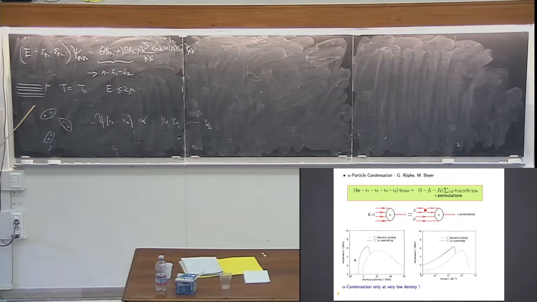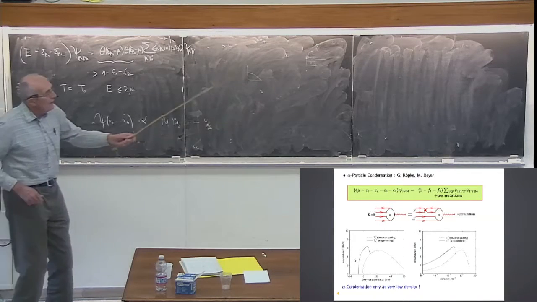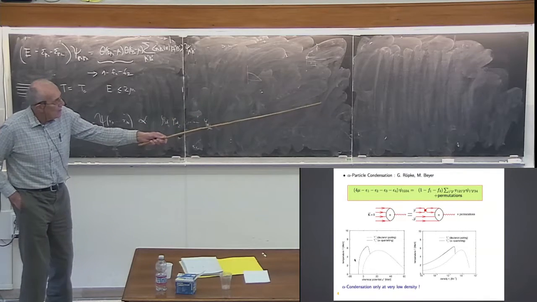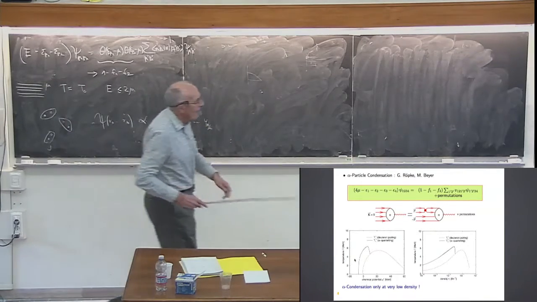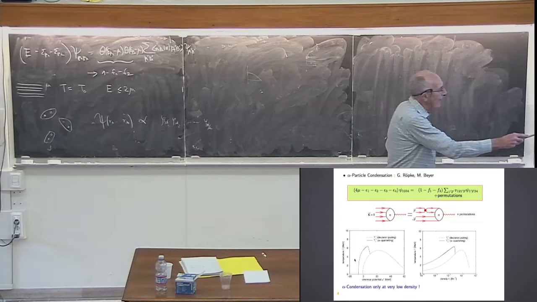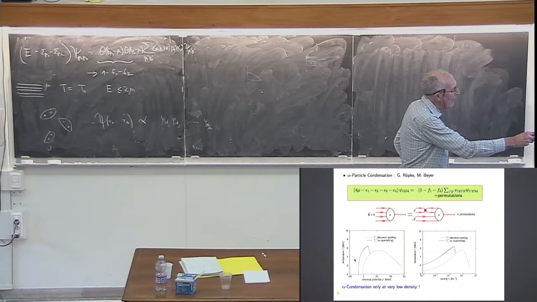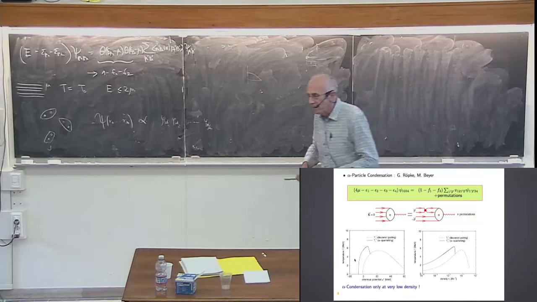So then, in such a case, your critical temperature for the deuteron is just minus the binding energy per particle, which is 1.1 MeV.